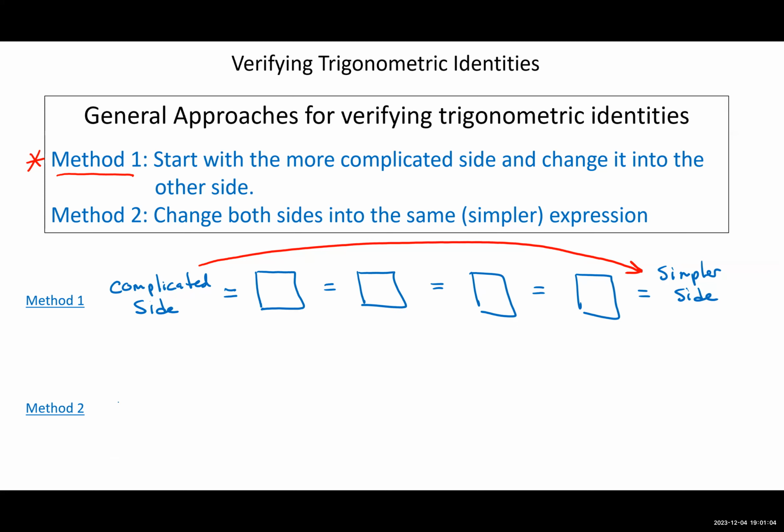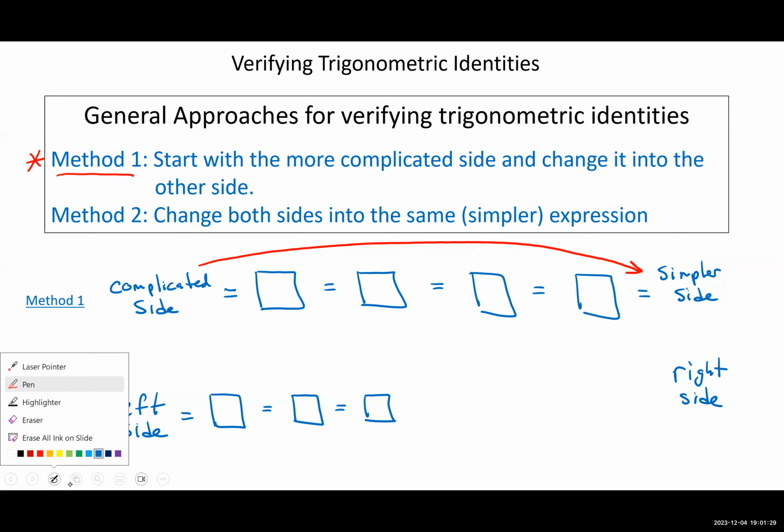So you've got the left side and you've got the right side. And so you start simplifying the left side. Left side's equal to this, which is in turn equal to this, which is in turn equal to this. And then do the same thing to the right.